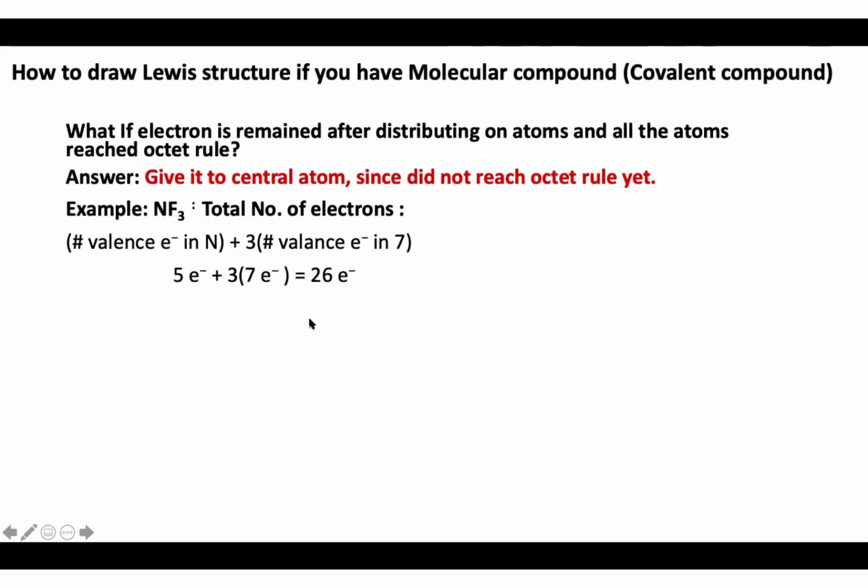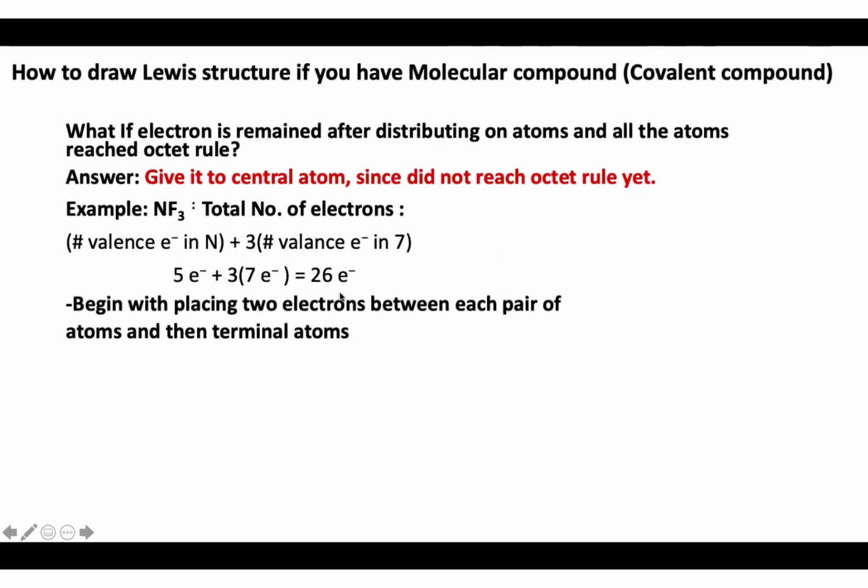Then we find the total valence electrons, and we put electrons between each 2 elements, using 24 electrons. After that, we start putting electrons around. Why do we put them on the terminal elements? Because they are more electronegative.